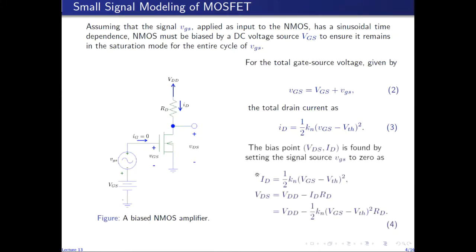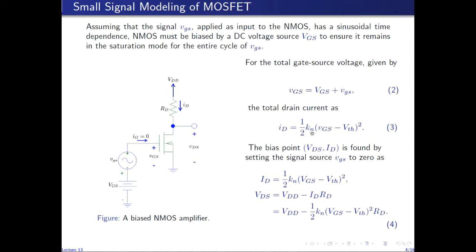The bias point is found by setting the small v_gs to 0, because the bias point, which is the DC component of the drain current and the drain to source voltage, is actually the response of the circuit to the input biasing voltage, capital V_GS. So we find that bias point by setting small v_gs to 0 by short circuiting this source, which makes the gate to source voltage equal to capital V_GS.